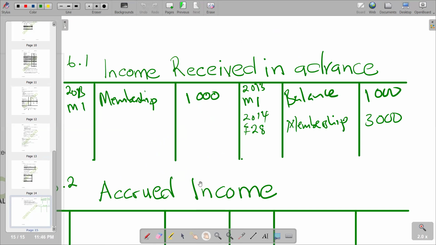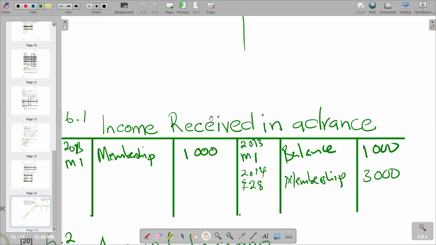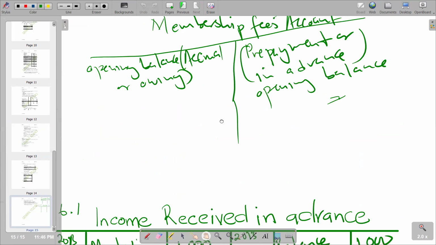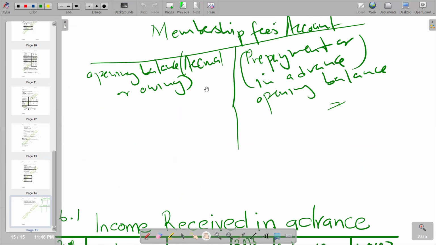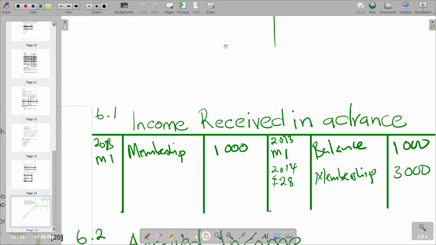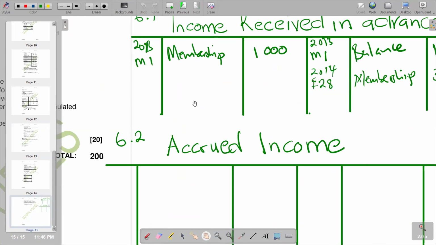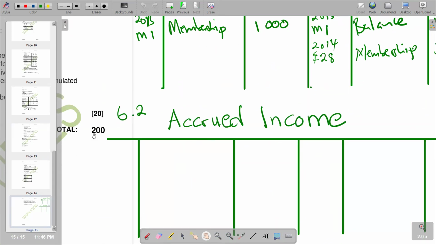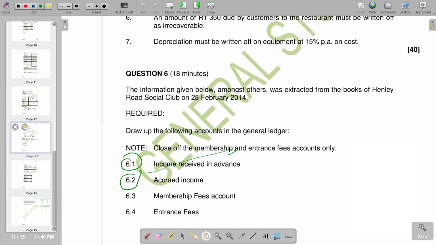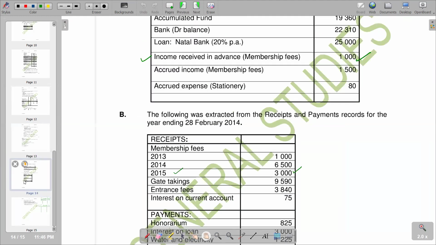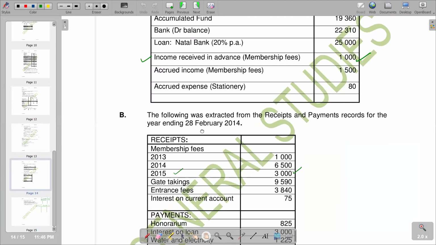So on accrued income, obviously, we go back to our first analysis. We see that when it's an accrual, in the opening balance, we put it on the debit side. So obviously, we're going to check in the list of balances and put our opening balances on the debit side of the accrued income account. So we come here. We see that these are the opening balances that we're given.